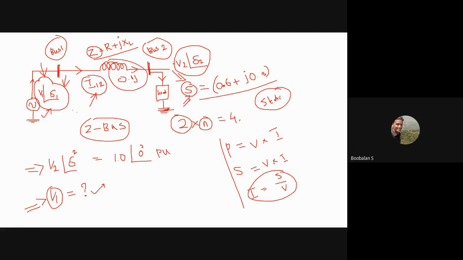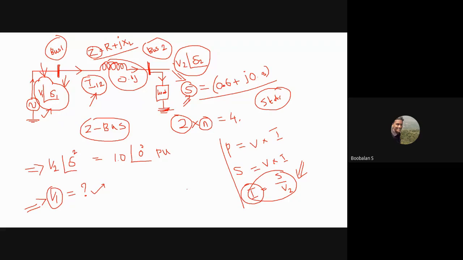So how can we calculate it? We already have a clue here: I2 is equal to S divided by V, that is V2, so I2 is equal to S by V2.